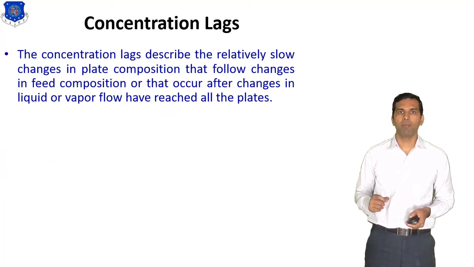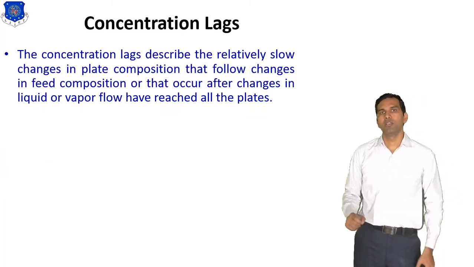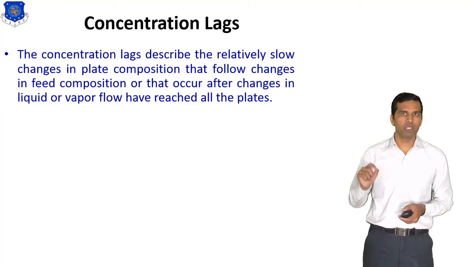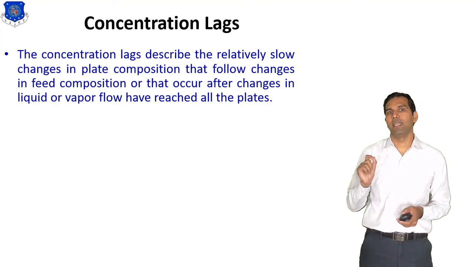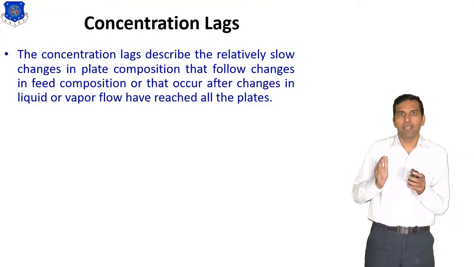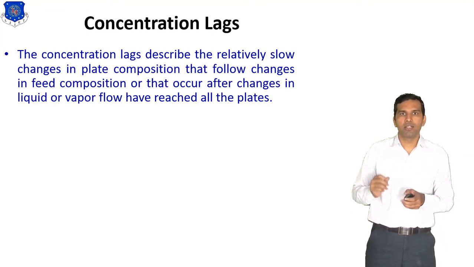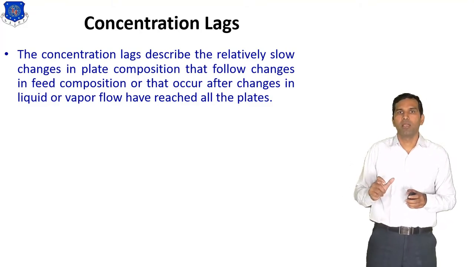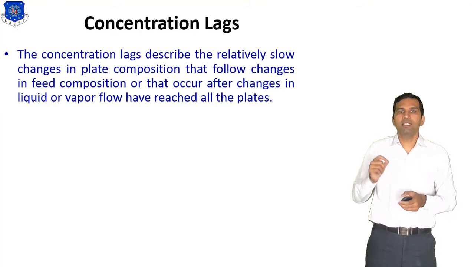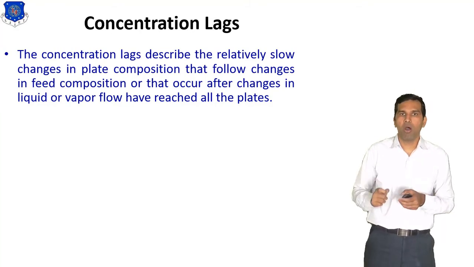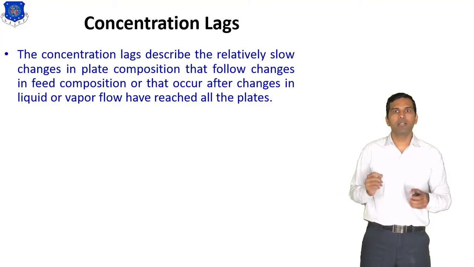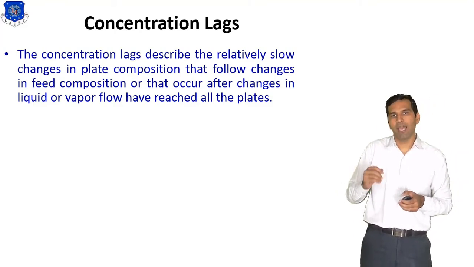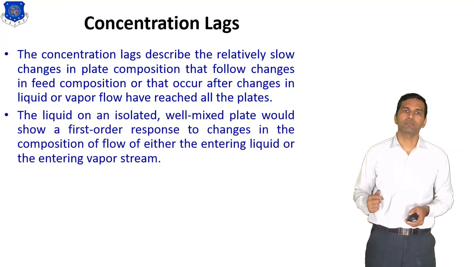Now we discuss the concentration lag. So we start the second type of lag. The name of this lag is concentration lag. The concentration lag describes the relatively slow change in the plate composition, that follows changes in feed composition or that occurs after the change in liquid or vapor flow has reached all the plates.